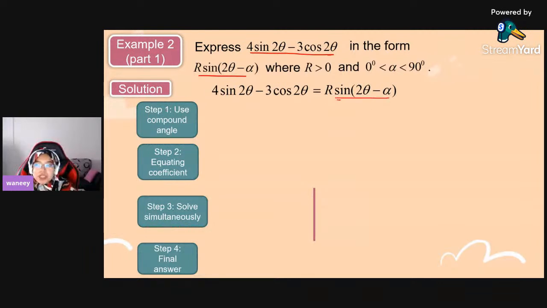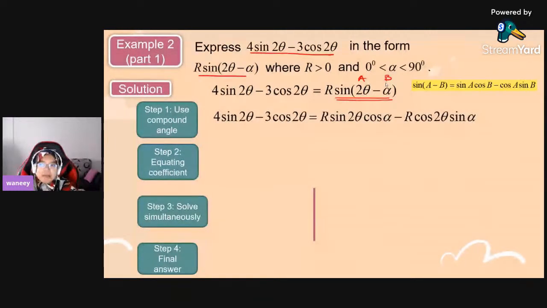So what formula do you see over here? So this is 2 theta minus alpha. So this is sine A minus B. So go back to the formula, check the compound angle having something with sine A minus B. Okay, so sine A minus B is equal to sine A cos B minus cos A sine B. Okay, so use that formula, substitute them.